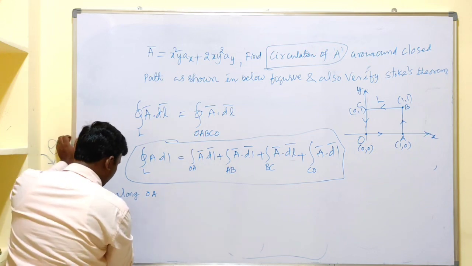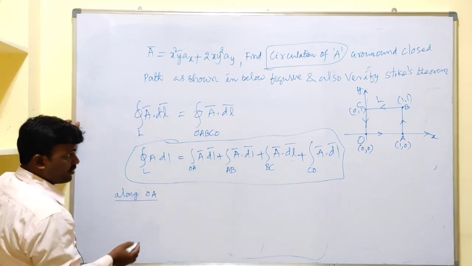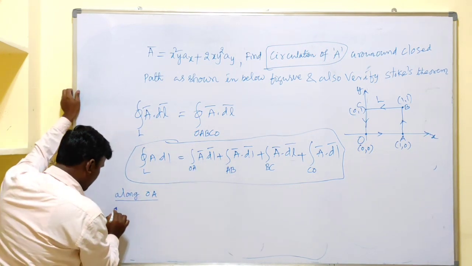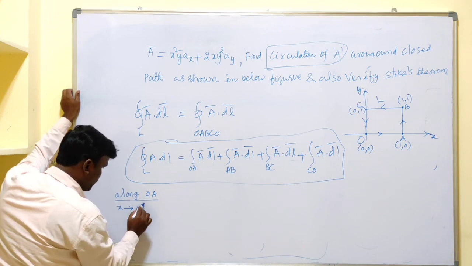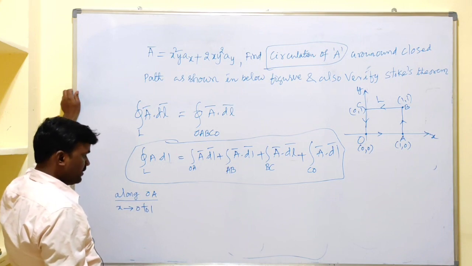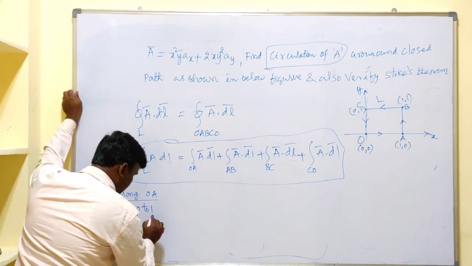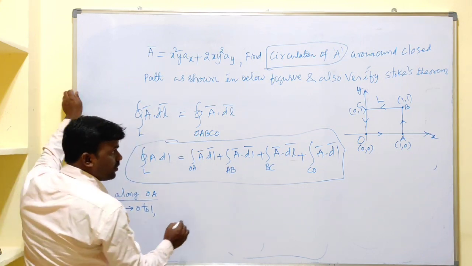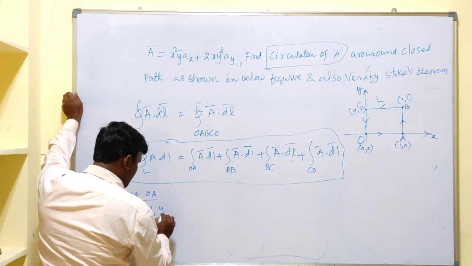Let us write the variables: x is varied from 0 to 1, and y is 0.